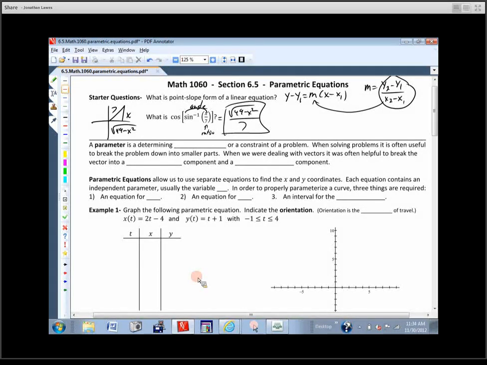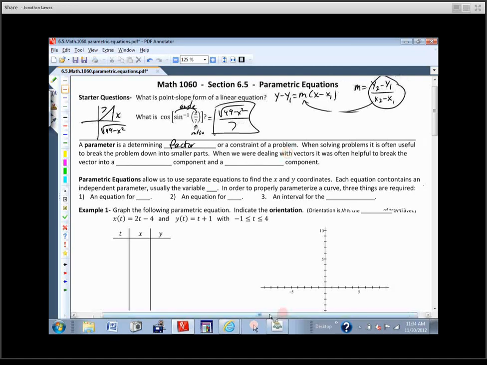Parametric equations can do things that regular Cartesian equations or rectangular equations, the stuff that you're very familiar with graphing, can't do, okay? So first of all, let's talk about what a parameter is. A parameter is a determining factor, or a constraint of a problem. It's what decides what goes on.